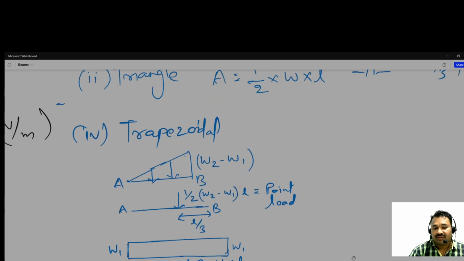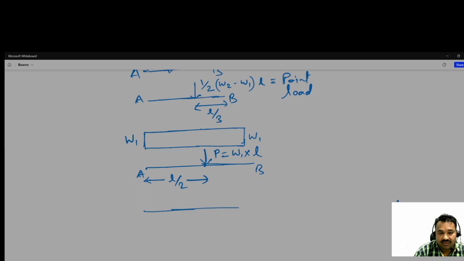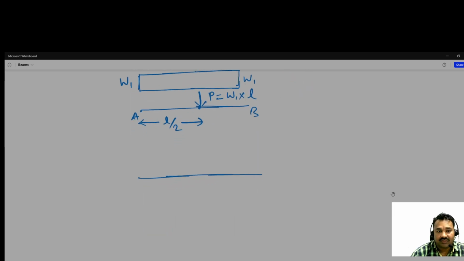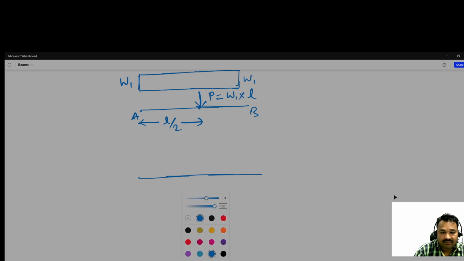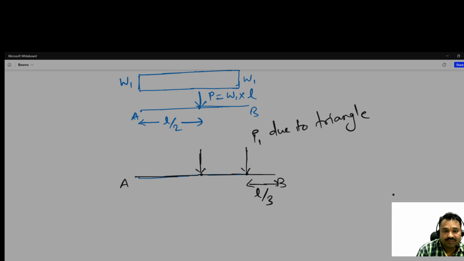So this can now be drawn. The beam, this is the beam, it is A, it is B. Due to the triangle, suppose P1, it is at L by 3 distance from B, and at the mid it is P2, and it is due to the rectangular load.